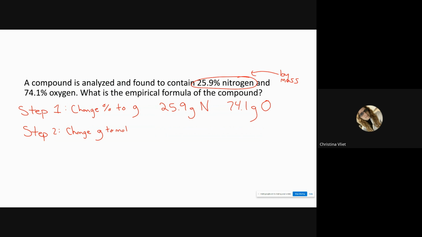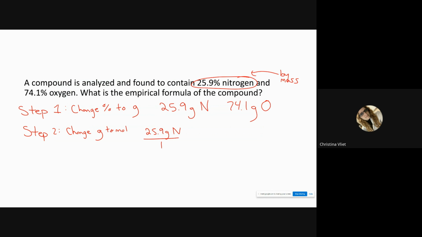So these would be my givens, and I have two questions to solve. I have to do 25.9 grams of nitrogen. How do I change that to moles? Put a 1 in the middle. And how am I going to change that to moles? You multiply it by the molar mass with 1 mole.